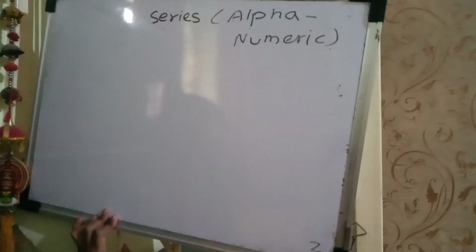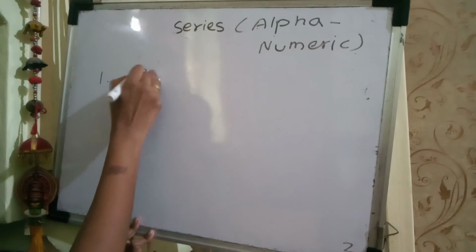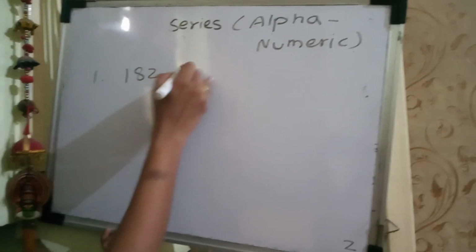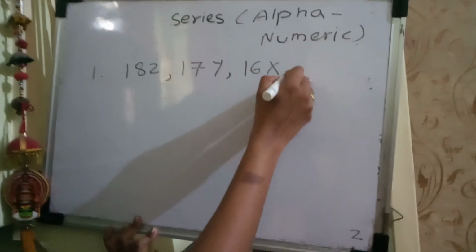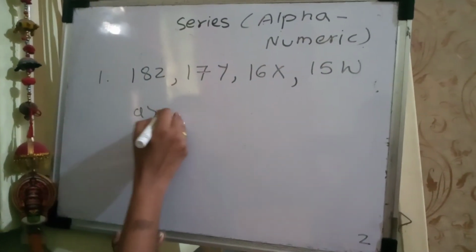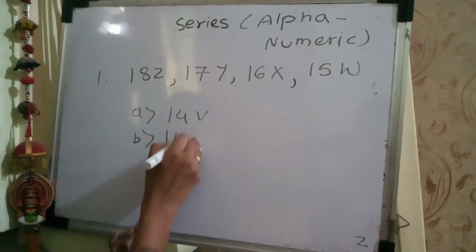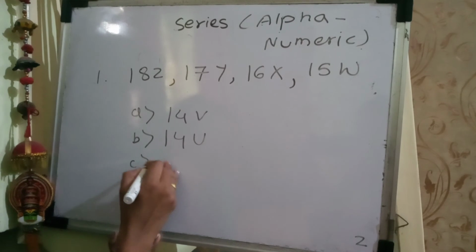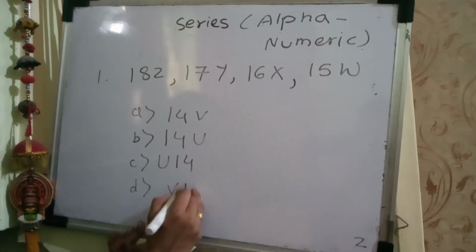In that, the first one is 18Z, 17Y, 16X, 15W and the options given are 14V, 14U, U14 and B15.